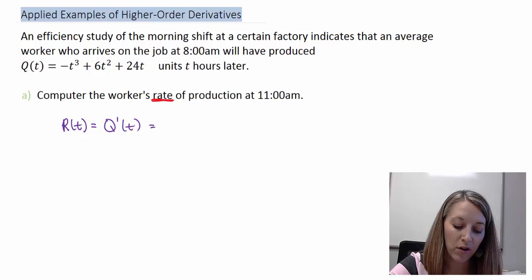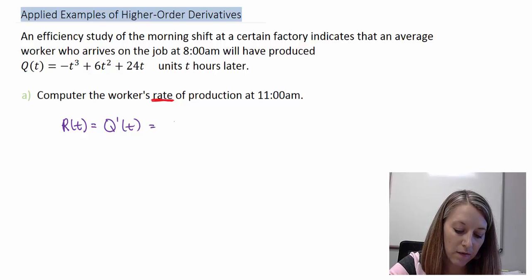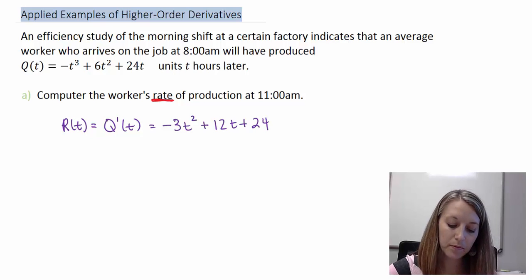This is in our preferred format of a constant times x to some power, so I can use my shortcut differentiation techniques. Gives me negative 3t squared plus 12t plus 24.